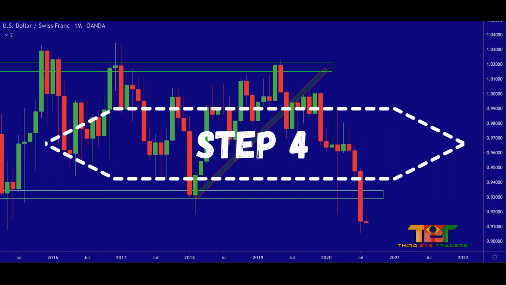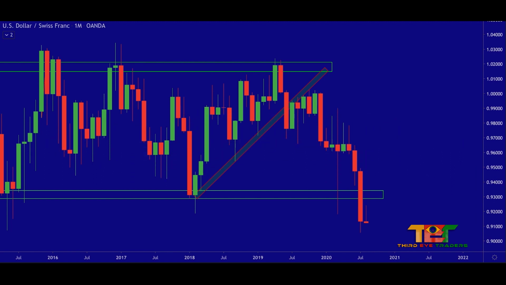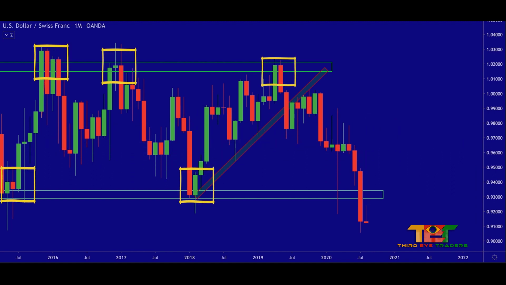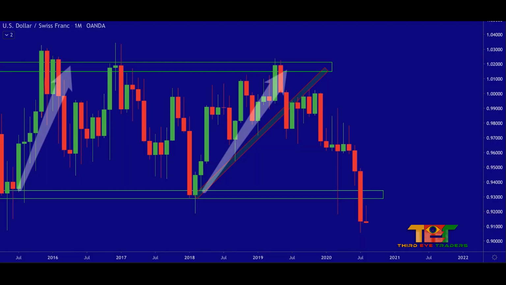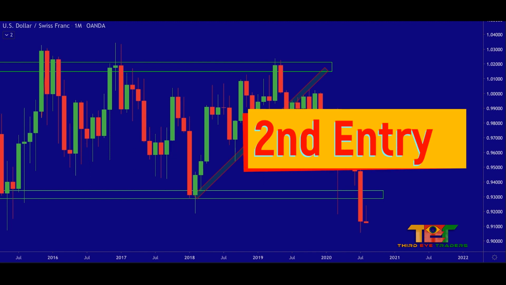Step number 4, price action gives us an end of trend variation. Step 5, lights out.